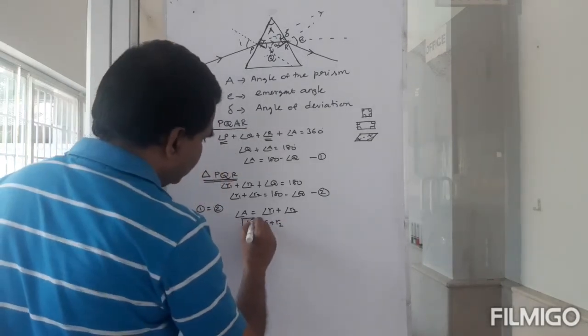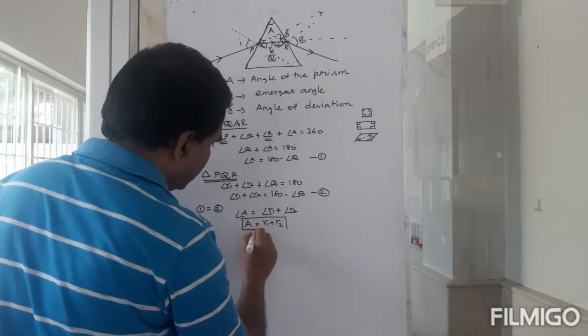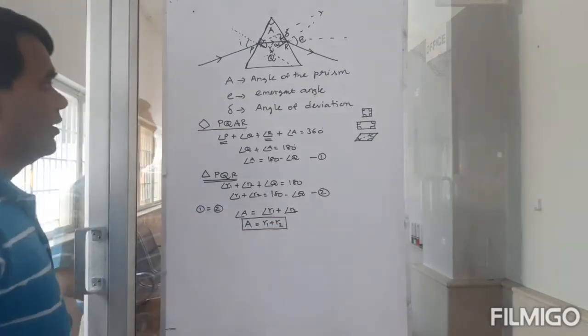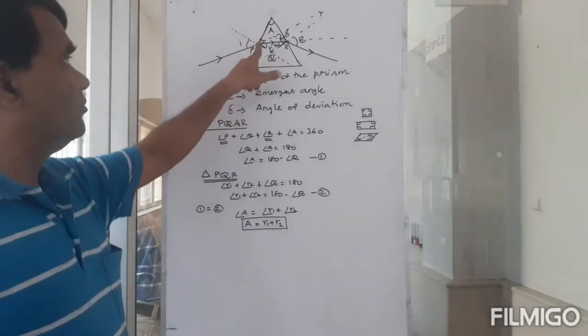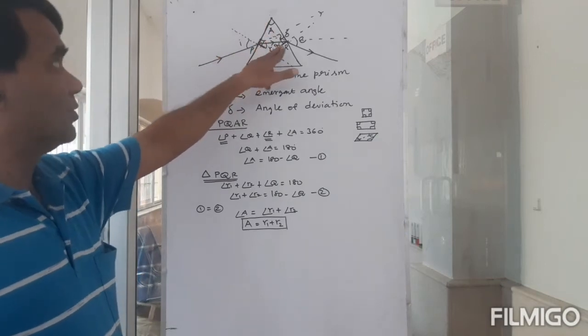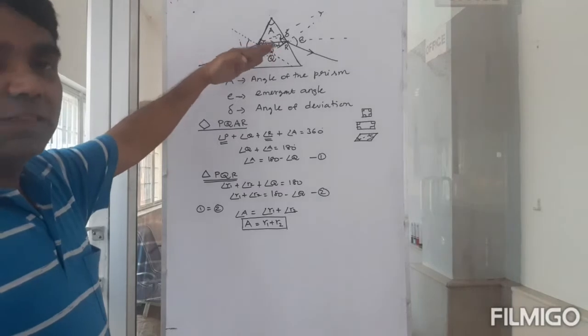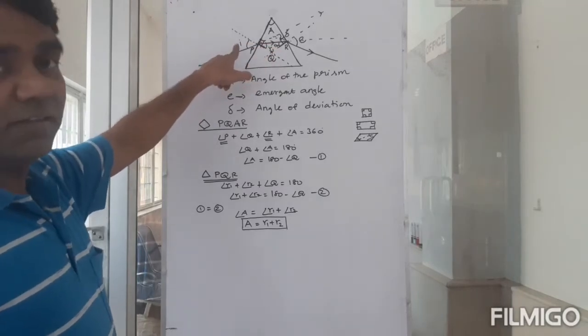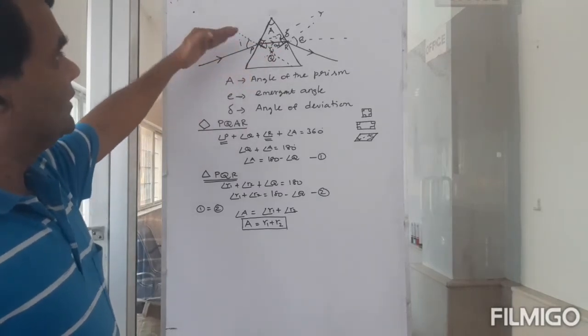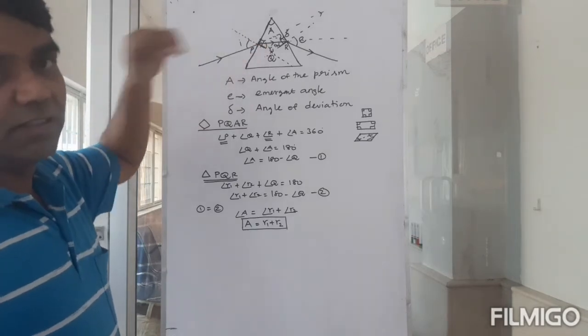So that is one good equation I got. The angle of the prism will be equal to R1 plus R2. But then R1 will be dependent on I. Correct? If I increases, then R1 will also increase.